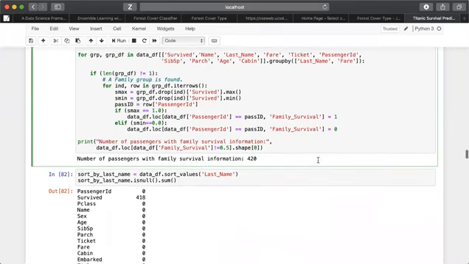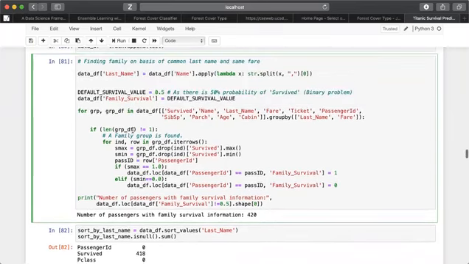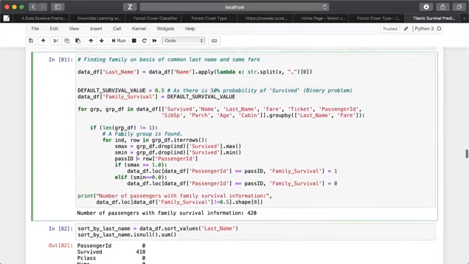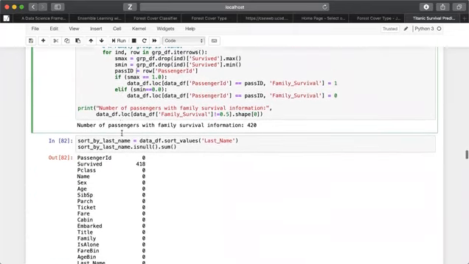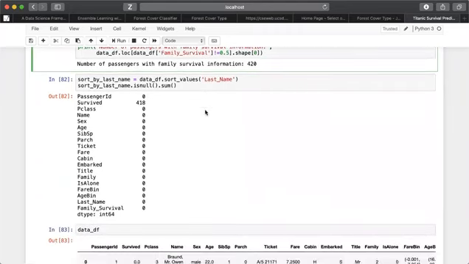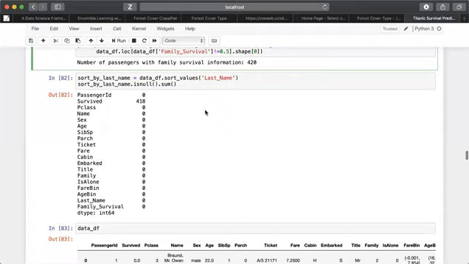I have done this for both train and test by combining them in the data df. After doing this family survival, we see that out of total test and train, the survived is not available for 418, which is the test data, but all the family survival values are available now.